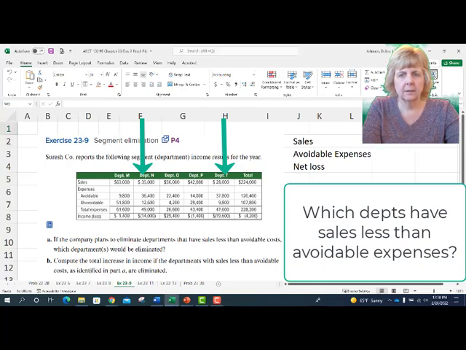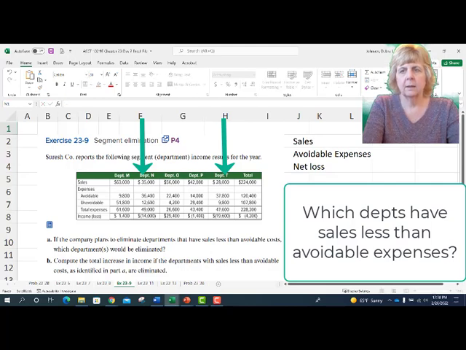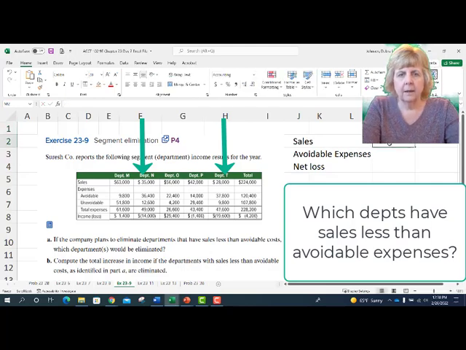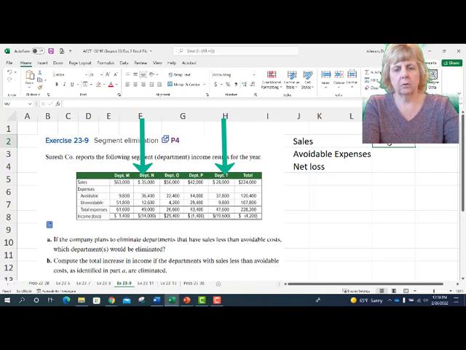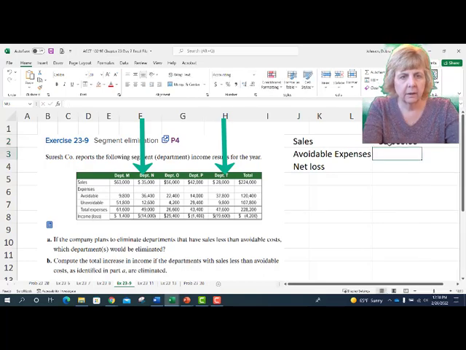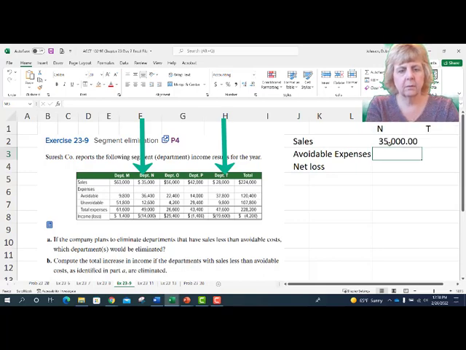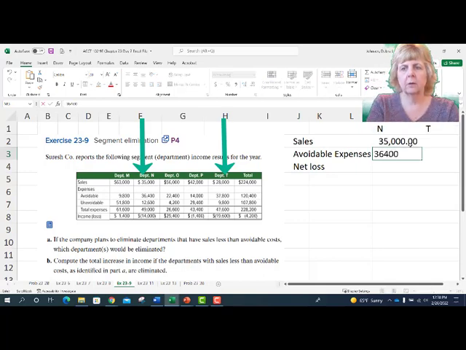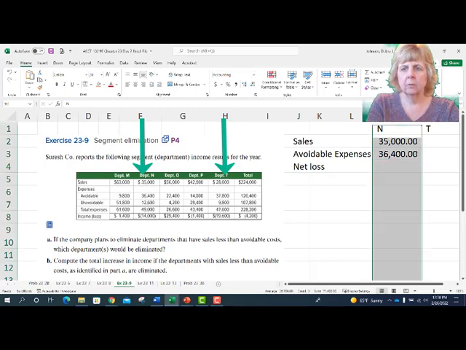So if we isolate those 2 departments, N and T, and take a look at those amounts, we would have $35,000 less avoidable expenses of $36,400 for N. We get rid of the decimals.